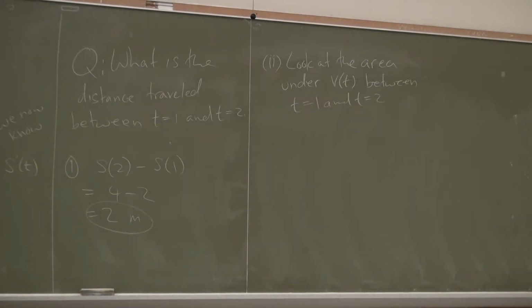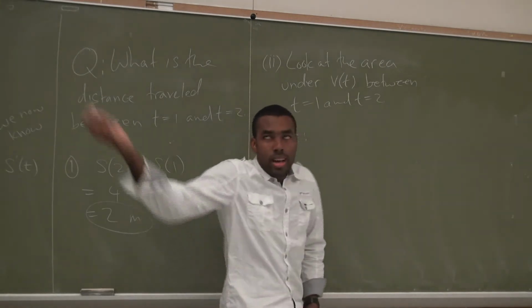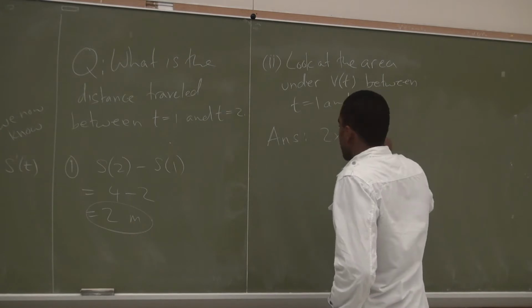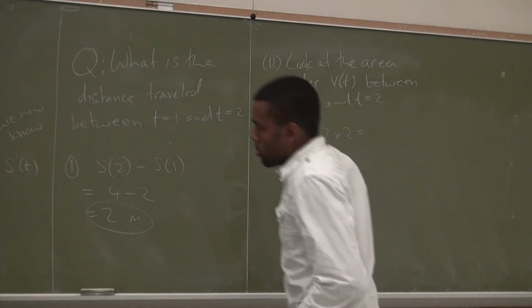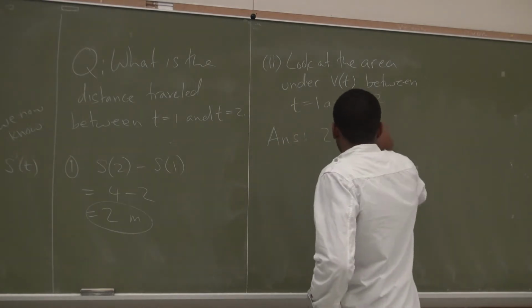So here, 1, and this is 2. So look at this area. I know that this height is 2, right? What is actually the area under that curve? It's a rectangle, so it's just length times width, right? The answer is 2 times 1, because it's 2 minus 1.